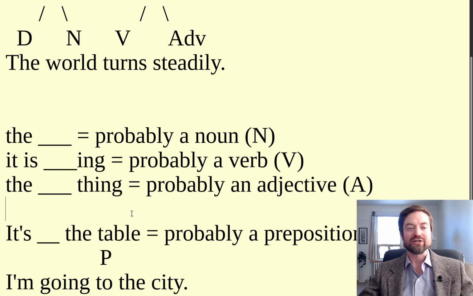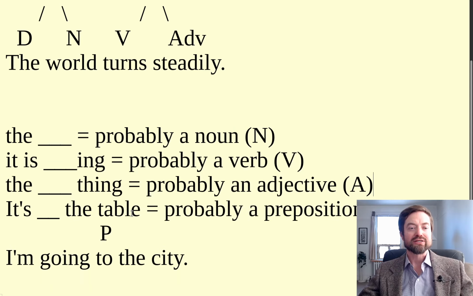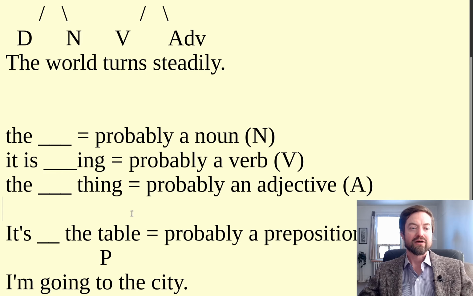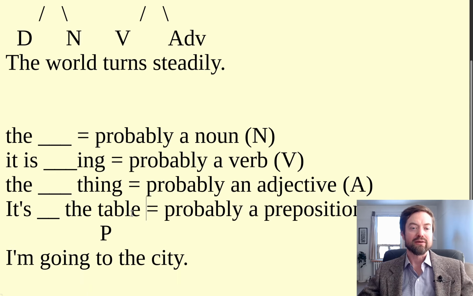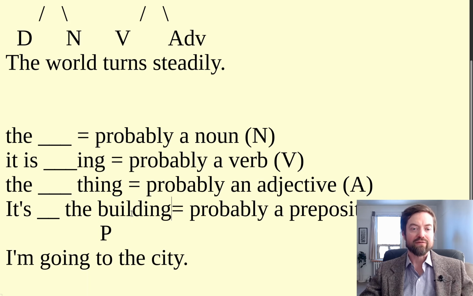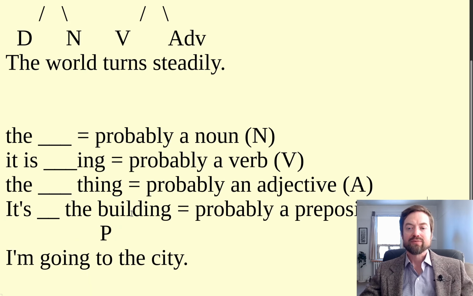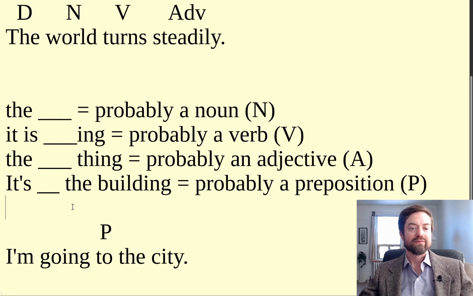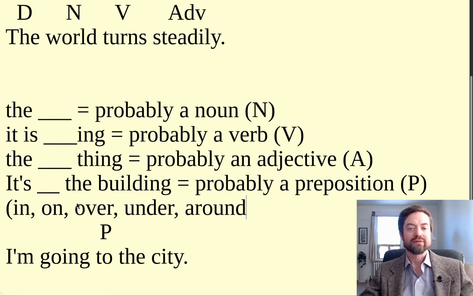This is probably stretching a little bit. I mean, it's in the building. Maybe it has a bit more flexibility. So this could be in, on, over, under, around, through, those kinds of words are what fit there.